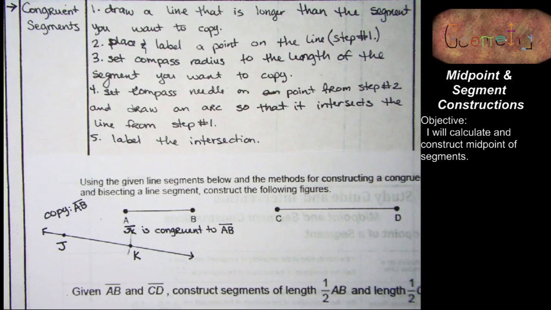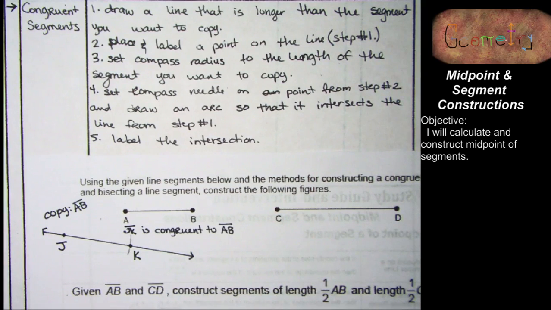We will have many more congruent segment constructions. We will have many more times in which we write that line segments are congruent and that other figures are congruent to other things.